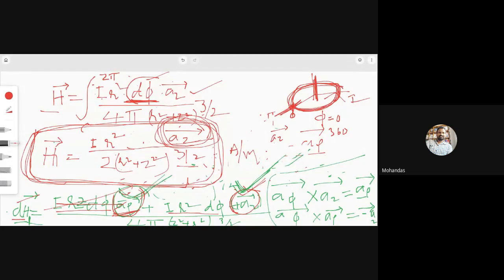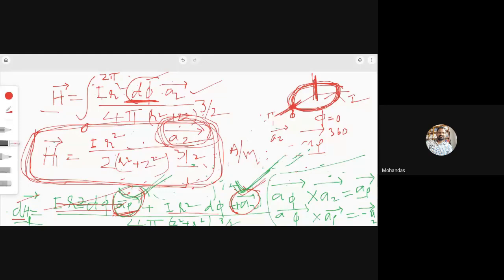What is the range of phi in the cylindrical coordinate system? 0 to 360, or 0 to 2 pi radians. Okay, so I have substituted the limits 0 to 2 pi.